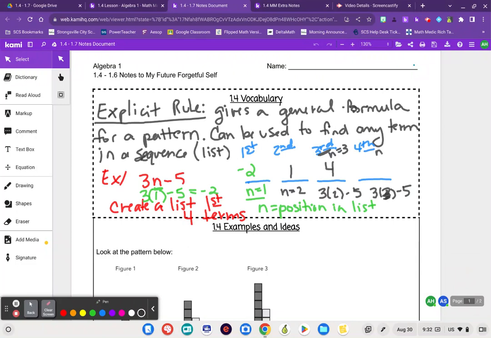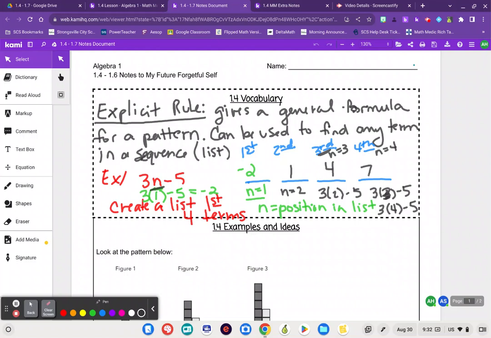If I want to find the fourth number in my list, I'm going to say n is 4. So I'm going to do 3 times 4 minus 5. Every time I'm just replacing that n with the position in the list. 3 times 4 is 12, and 12 minus 5 is 7. So I'm creating that list by replacing n with the position associated with the number I'm trying to find.